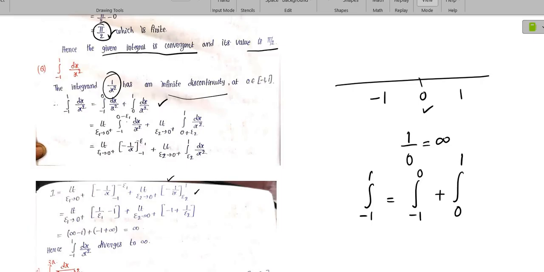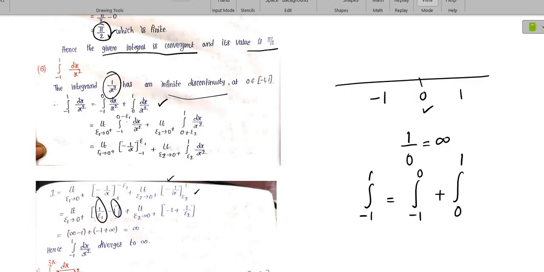Apply the limits. Substituting the upper limit, we have 1 by epsilon 1, since minus into minus is plus. Substitute −1 here, then also I get plus 1. Upper limit minus lower limit.